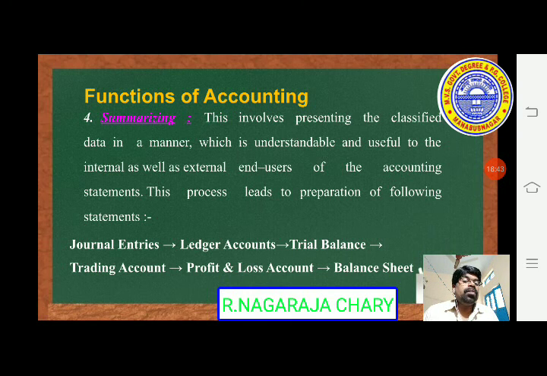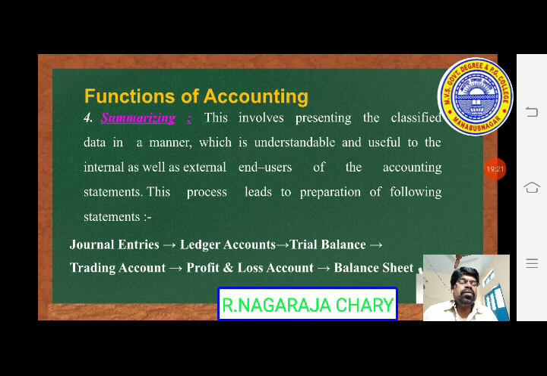After completing posting, we have to balance each and every ledger in the business activities. By using those balances, we have to prepare one statement. That statement is known as trial balance. This trial balance gives us the accuracy of the records.